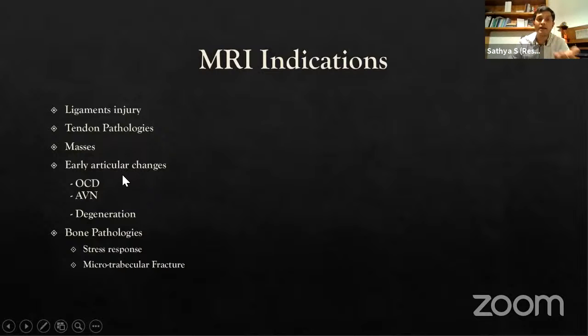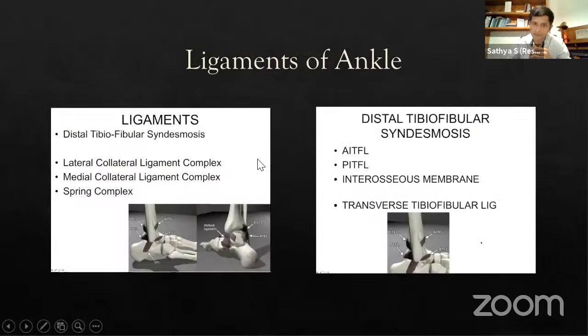And any early articular changes, for example, any first tarsometatarsal arthritic change purely because of flat-footedness, any avascular necrosis, any degeneration, presence of bone pathologies, any microtrabecular fractures. I'll show you in the next few slides how these look in an MRI, and what areas you can identify using this.